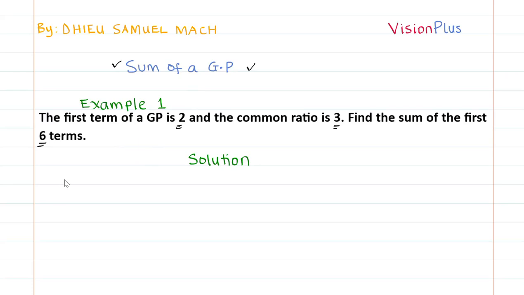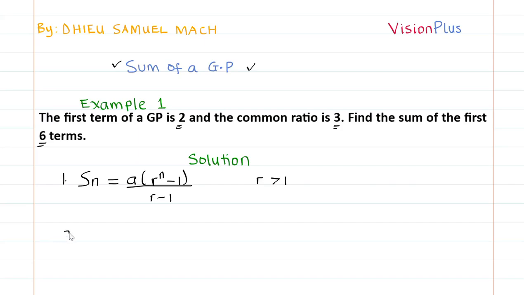In the introduction, we say there are 2 formulas. 1, the sum of n terms of a GP is given by A into R power n minus 1 over R minus 1. And we use this formula when the value of R is more than 1.